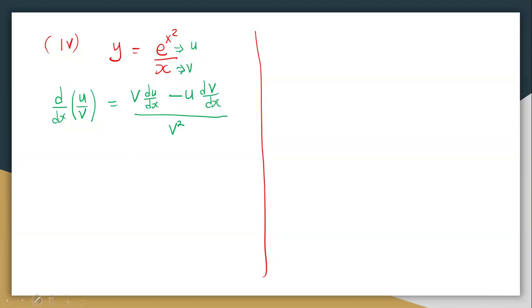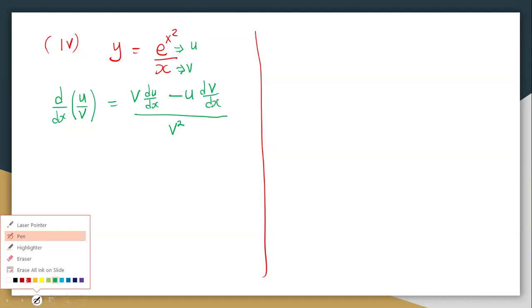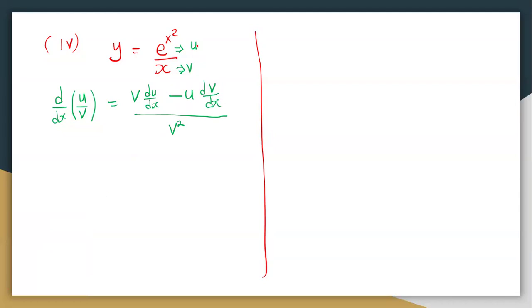Now, we are going to identify what is our u, what is our v. Your u is the numerator, your v is the denominator. In other words, the number that is up is the u, the number that is down is the v. So now I'm going to say that my u is equal to e^(x squared). Now I'm going to obtain my du/dx. We just have to differentiate the power.